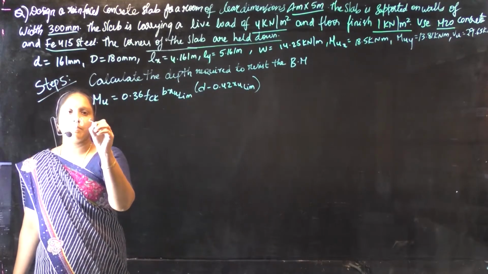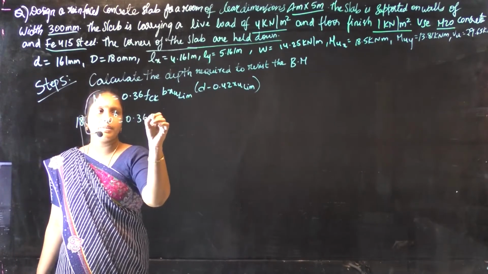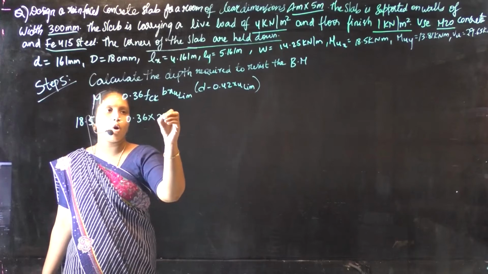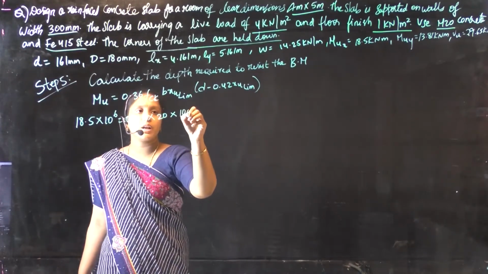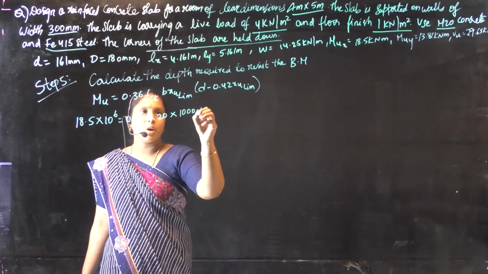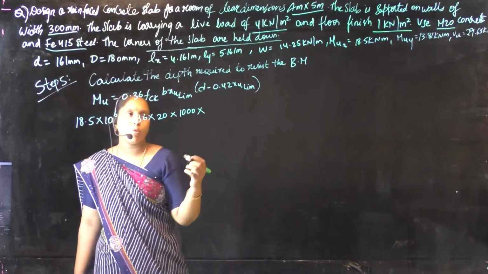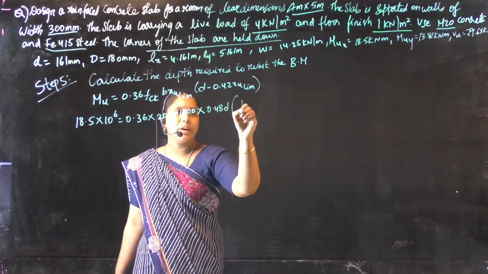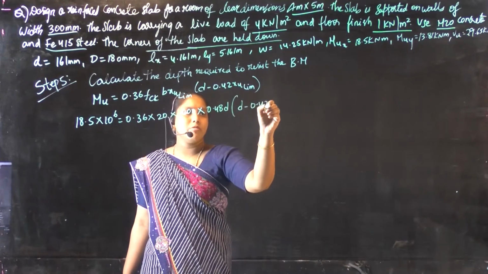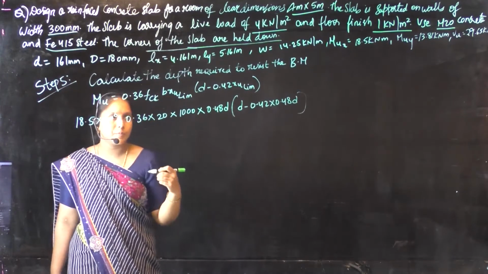So 18.5 into 10 to the power of 6 is equal to 0.36 into fck, that is the grade of concrete is 20, into b. B here is what? We'll consider for 1 meter width, 1000, into xu limit. So the grade of steel here is Fe 415, so the xu limit will be 0.48 d, into d minus 0.42 into 0.48 d.